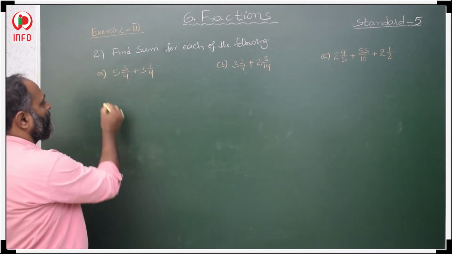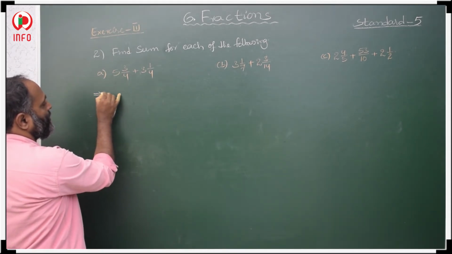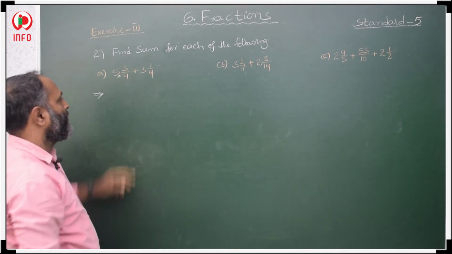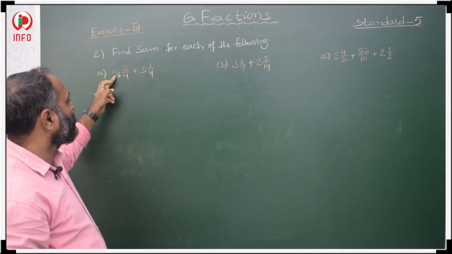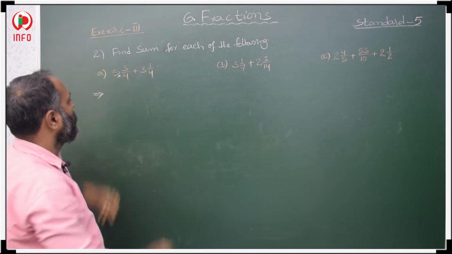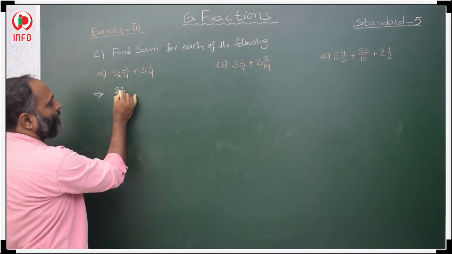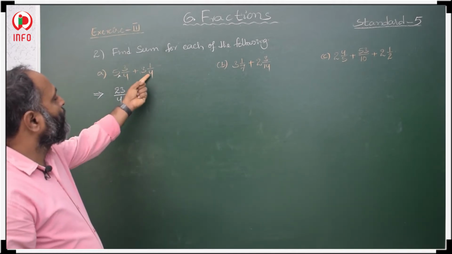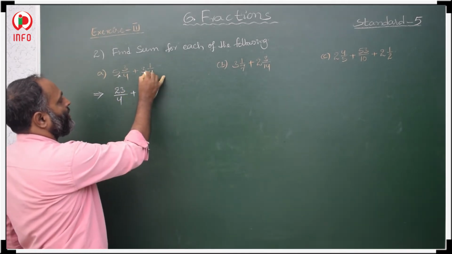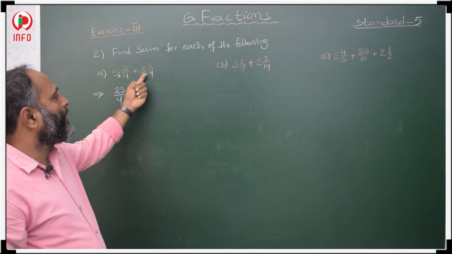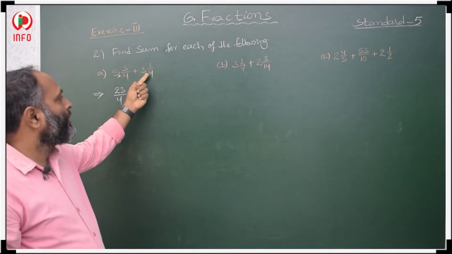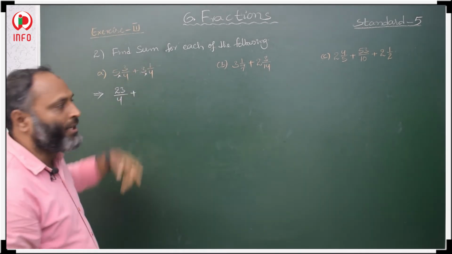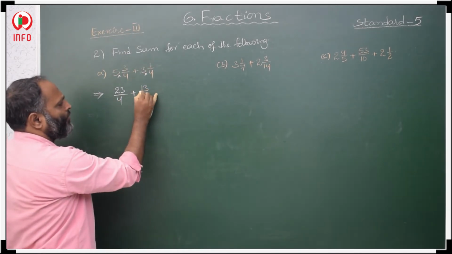See here how to convert these mixed fractions into improper fractions. First, we have to multiply the denominator with the whole number. 5 4s are 20. 20 plus 3, 23. 23 by the denominator 4, plus 4 3s are 12, the denominator multiplied with the whole number. 12 plus the numerator, 12 plus 1, 13. 13 by 4.